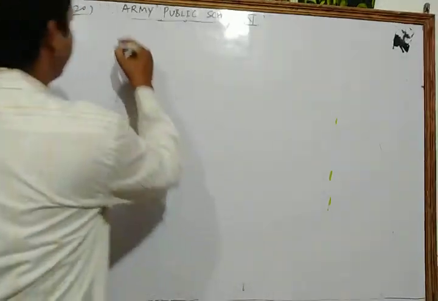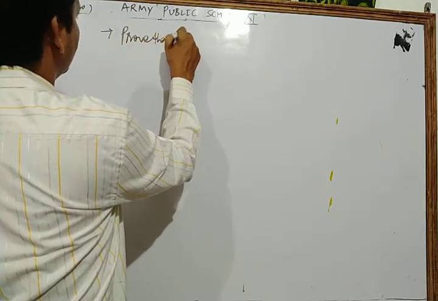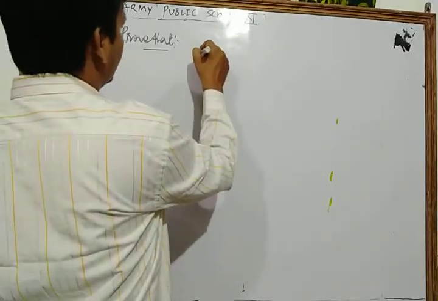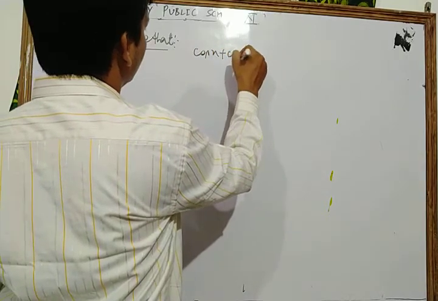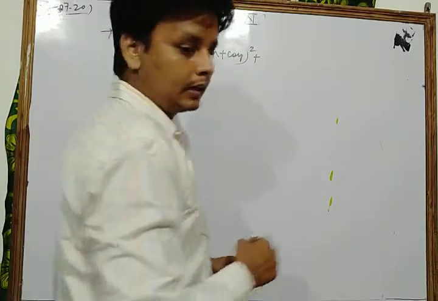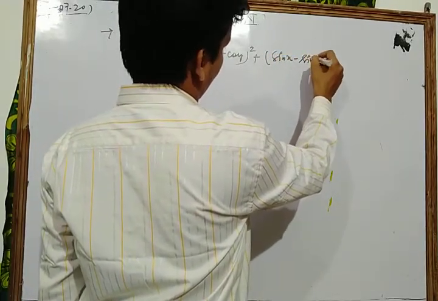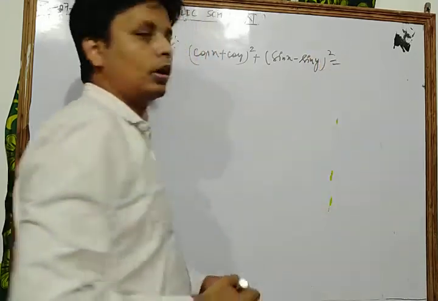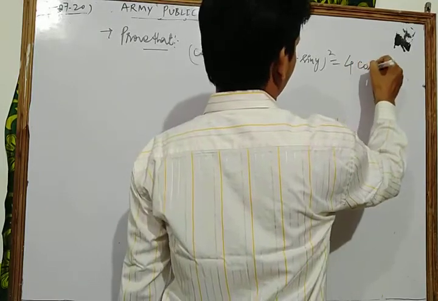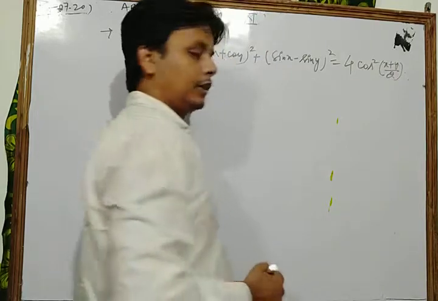Prove that cos x plus cos y whole square plus sin x minus sin y whole square is equal to 4 cos square x plus y by 2.